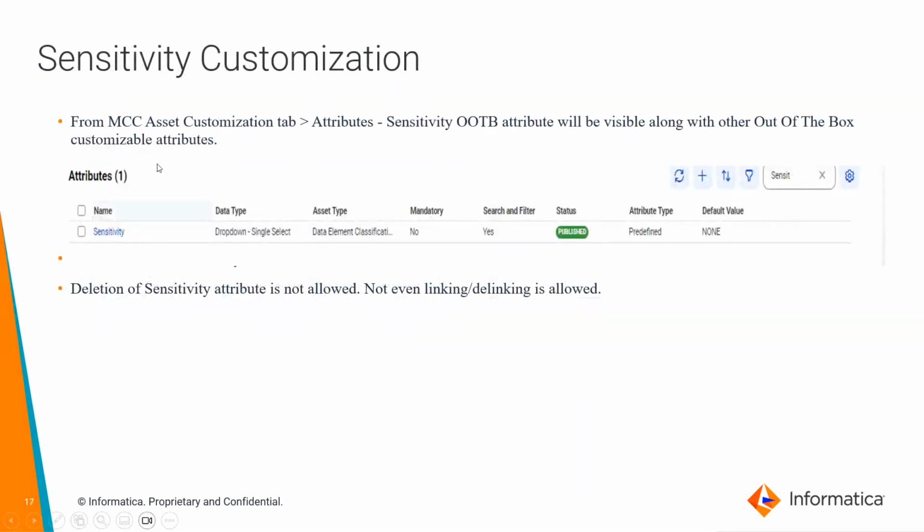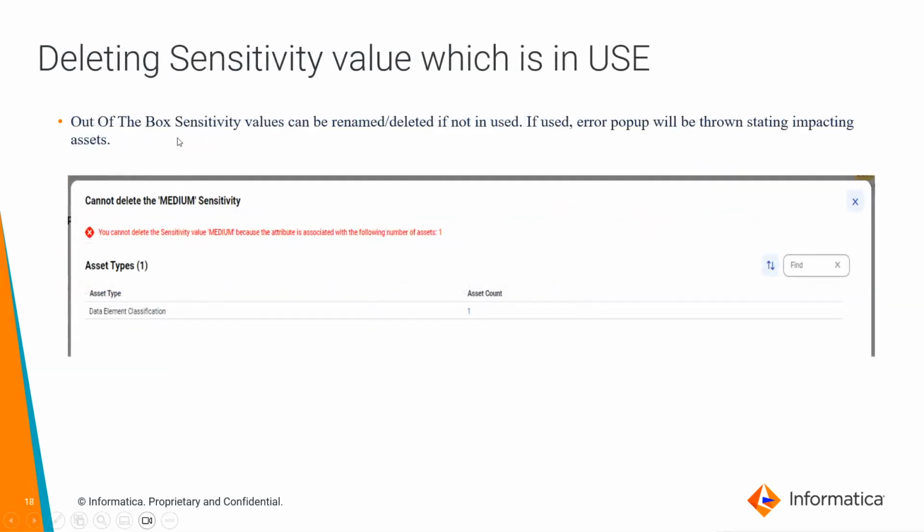So sensitivity is an attribute associated with the data element classification, and deletion of the sensitivity attribute is not allowed. Not even linking and delinking is allowed. Out of the box sensitivity values can be renamed, or deleted if not used.